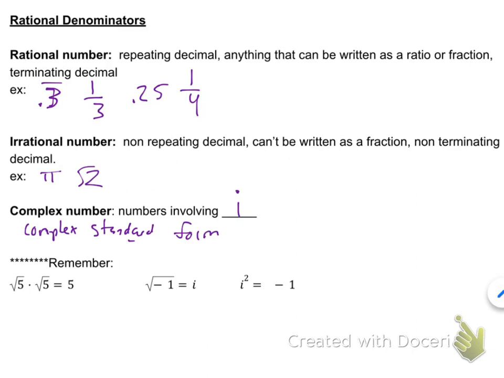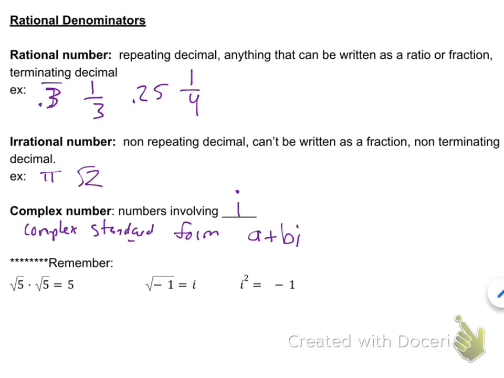Real numbers? Yeah. Sometimes there's a square root, sometimes there's not. Kind of upset people aren't remembering this. A plus B I. You guys remember that now? Yes. A plus BI is complex standard form, where A is the real part, B is the imaginary part.